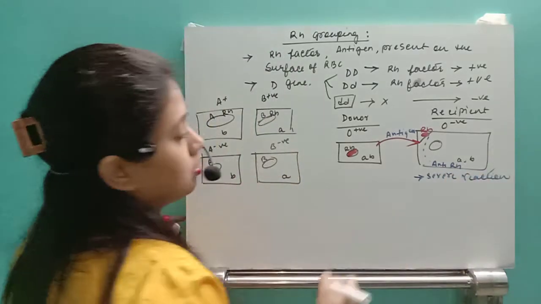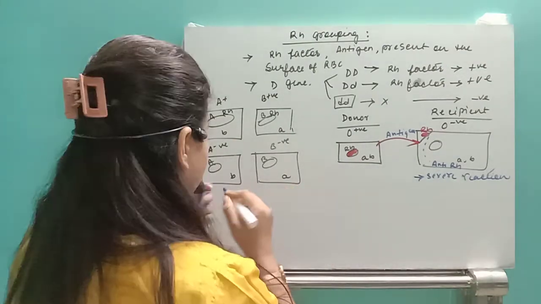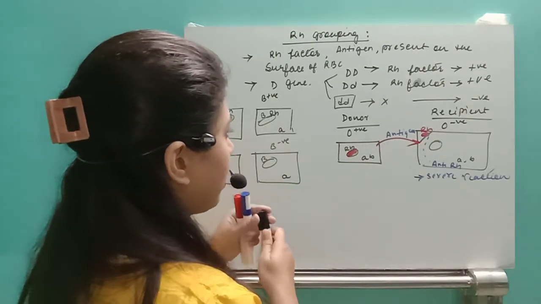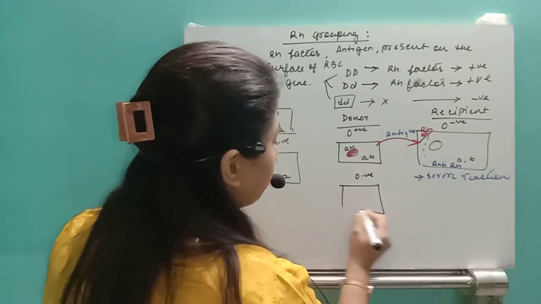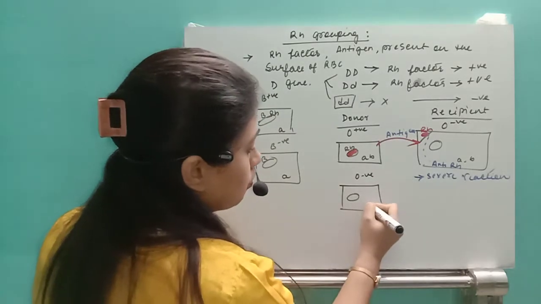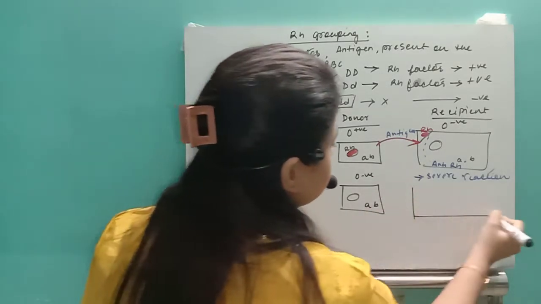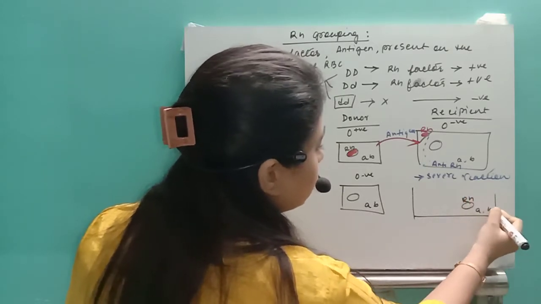Next case, the opposite case: suppose that individual has O negative blood. This is the O negative blood. He will not have any antigen on the surface of RBC, but yes, A and B antibody. And here that individual will have Rh and A and B antibody.